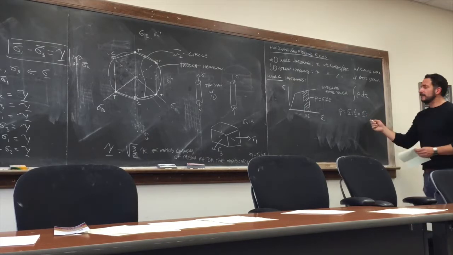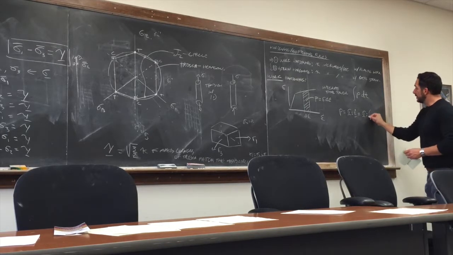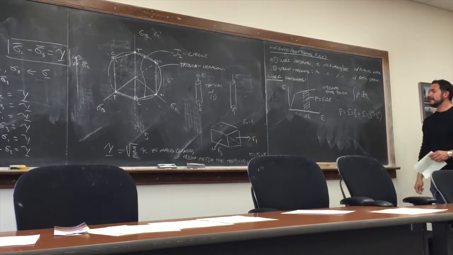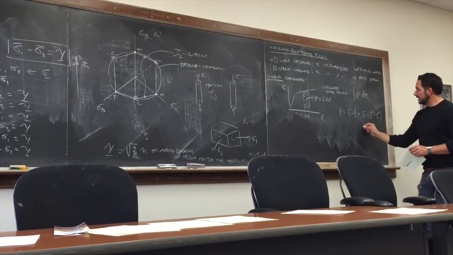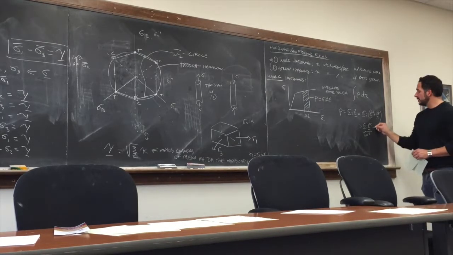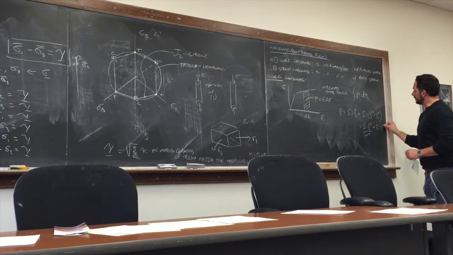If you adopt the additive decomposition as we do in plasticity, this is true, right? And then you hear people speak about something that we can call the elastic power, plus something that we can call the plastic power.